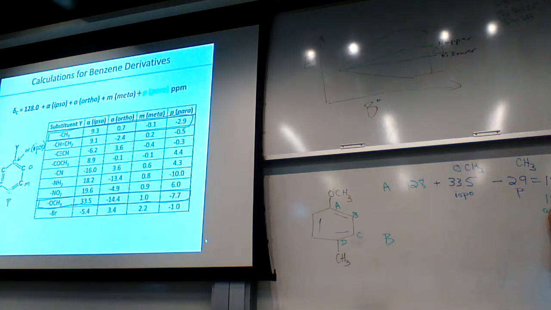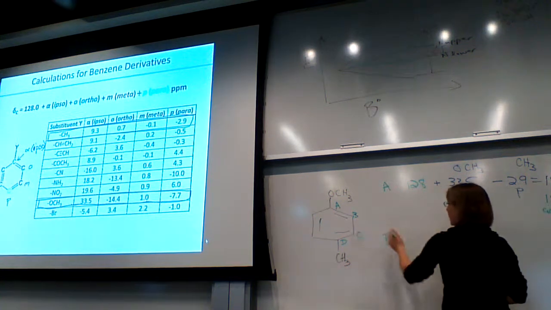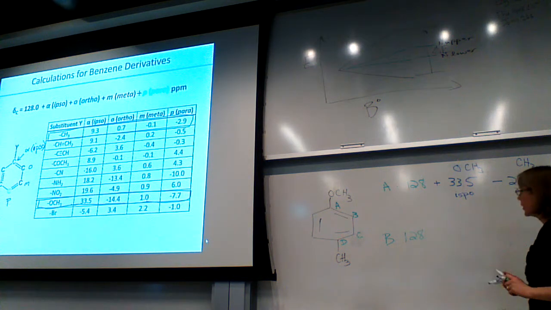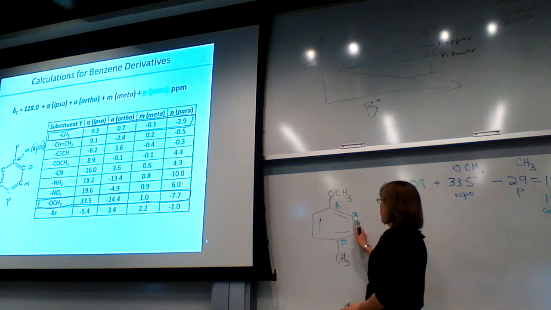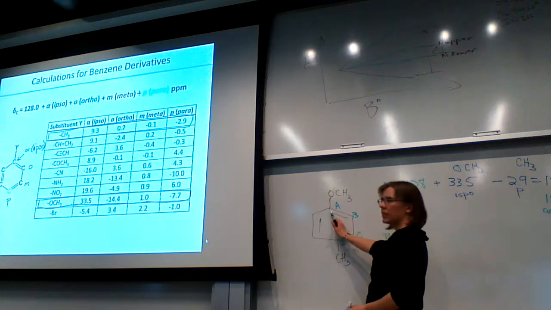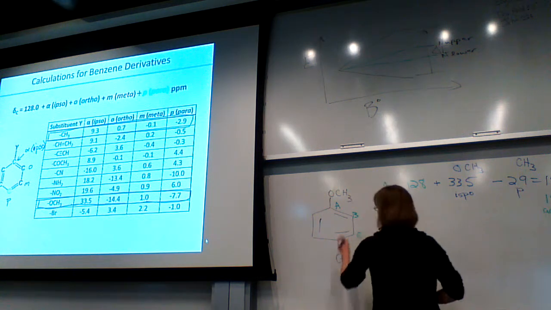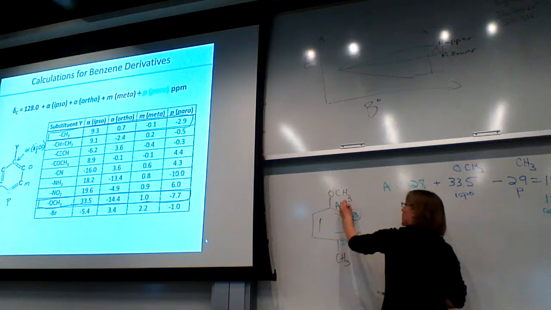So this was our actual value. You can see it's pretty close to the calculated value. So let's do B now. Here we have our base value of 128. And then we have, if we look at the B, our methoxy is now ortho to carbon B. So we're looking at this one. This is ortho.